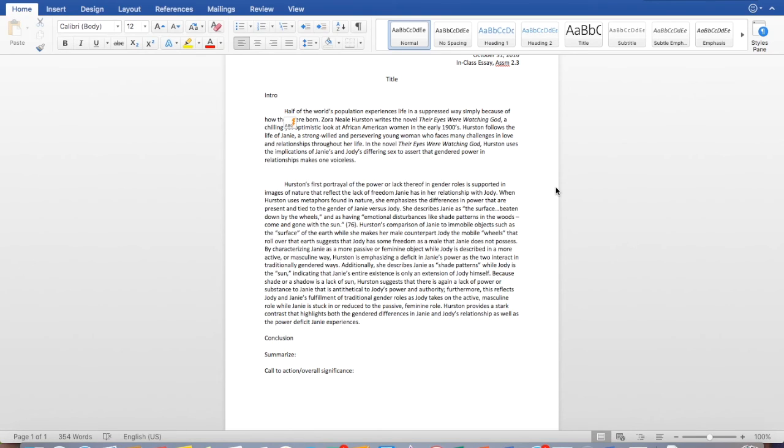In the novel, Their Eyes Were Watching God, Hurston uses the implications of Janie and Jodie's differing sex to assert that gendered power in relationships makes one voiceless. Okay, I'm okay with that. I feel like that goes really well with my paragraph down here, which I wasn't exactly sure how well it would fit at the beginning, even though I kind of had an idea of how they were connected, but I do actually like that, so I'm going to keep that.